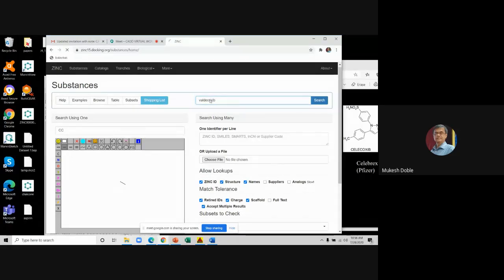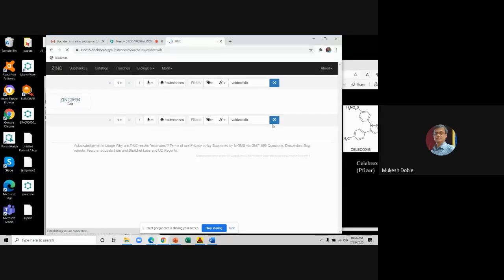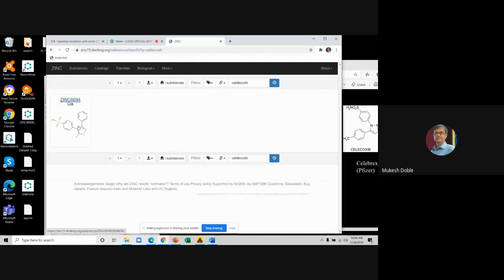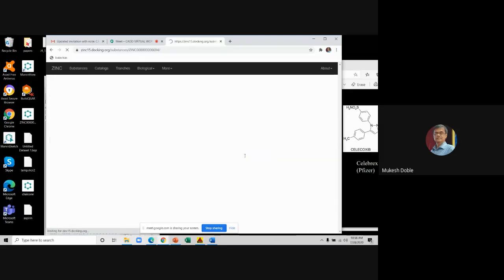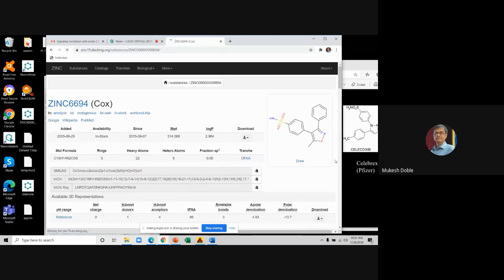Sometimes the names may be different also. Yeah, so this is valdecoxib. You can see the structure. I can download the SDF format.